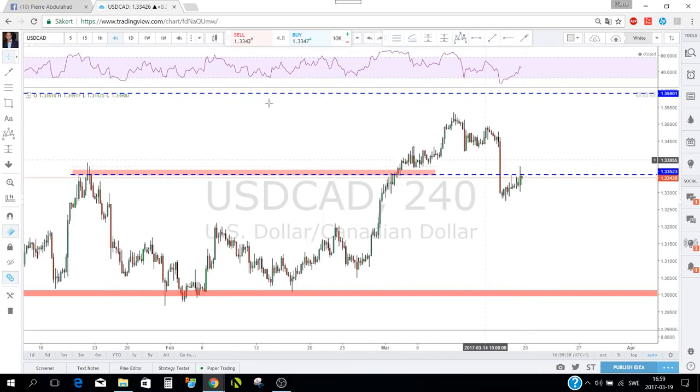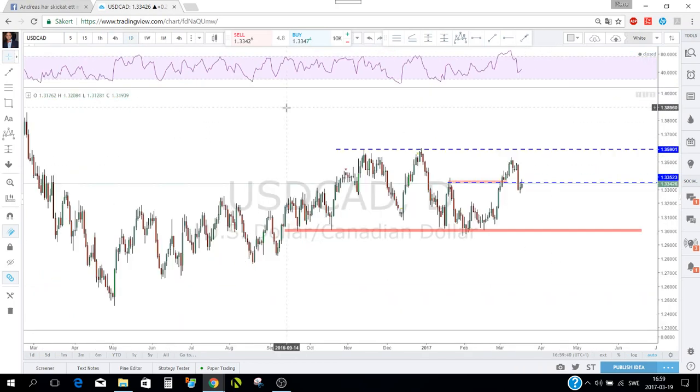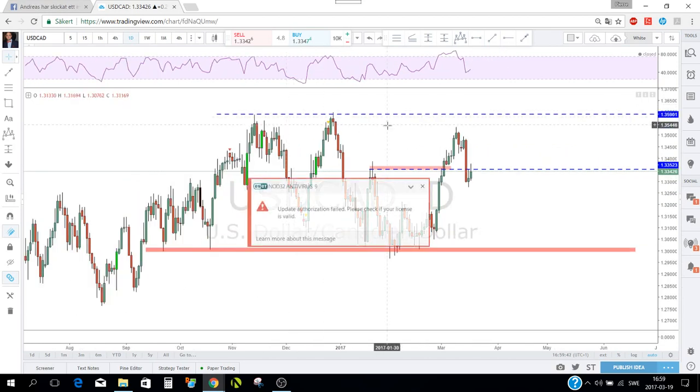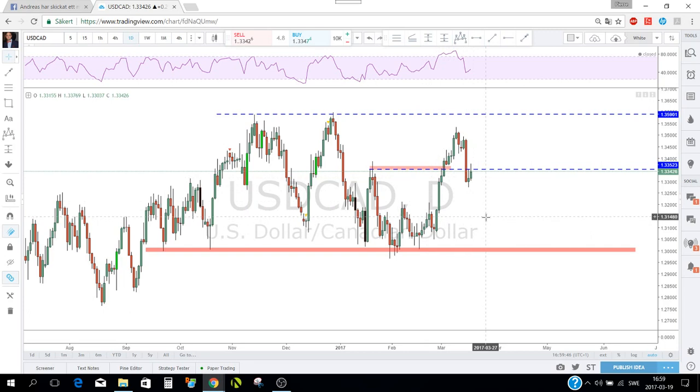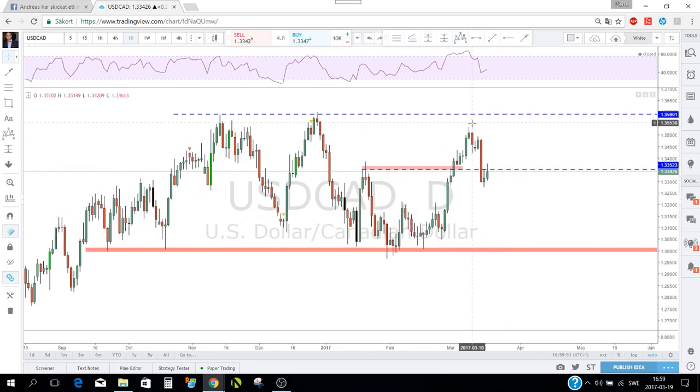USD CAD, very strong move to the downside on this pair from last week. I was expecting it to give me a retest of these highs.